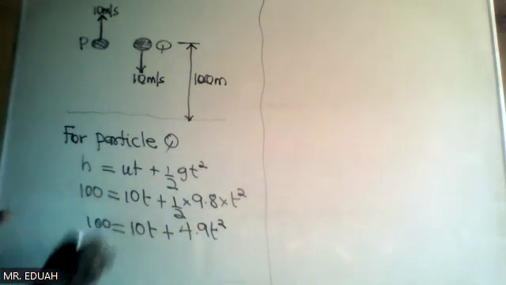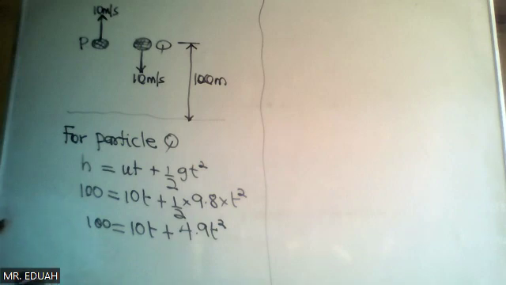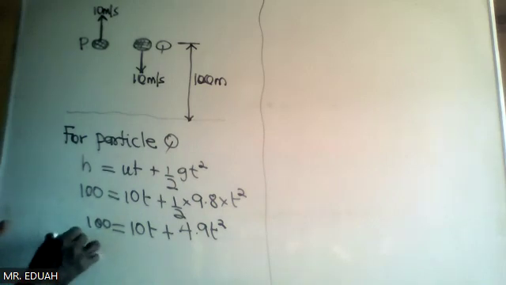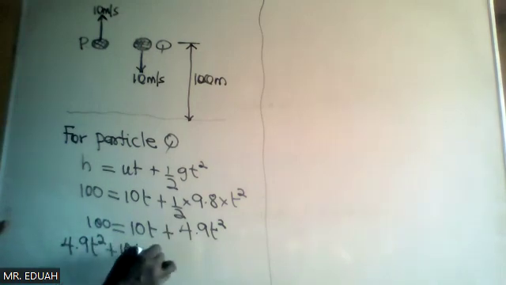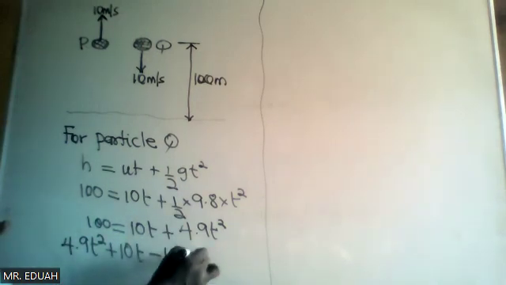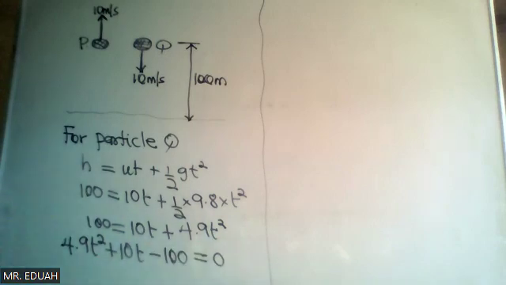This is 100. So we have a kind of quadratic equation. When we equate everything to 0, we have 4.9 T squared plus 10T minus 100 is equal to 0.